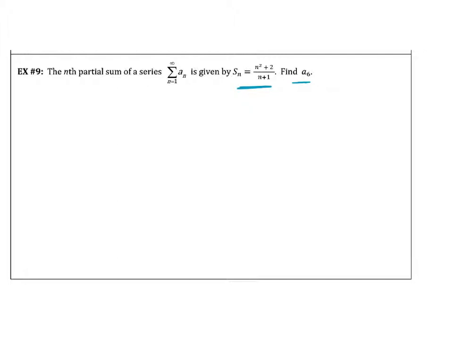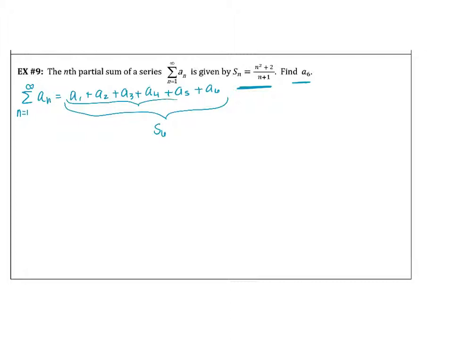For a sub 6, we know this sum from n equals 1 to infinity of a sub n is going to be a sub 1 plus a sub 2, a sub 3, 4, 5, and 6. If I want to focus on just a sub 6, then I'm going to look at our partial sums here. Every bit of that is S sub 6, and then up into this part right here is S sub 5.